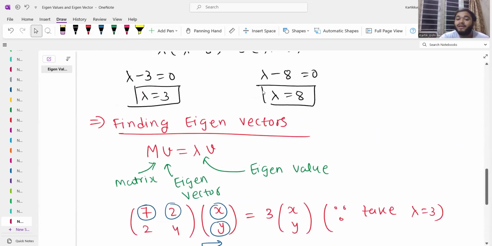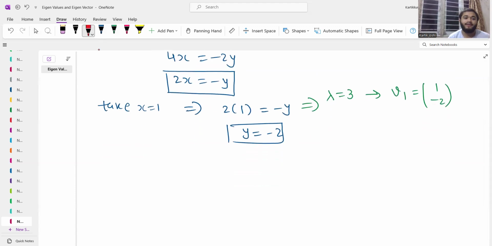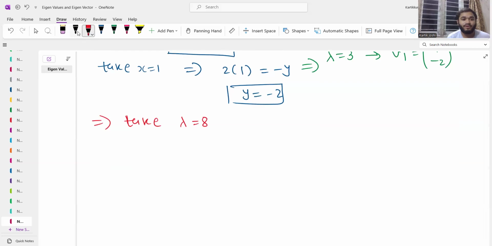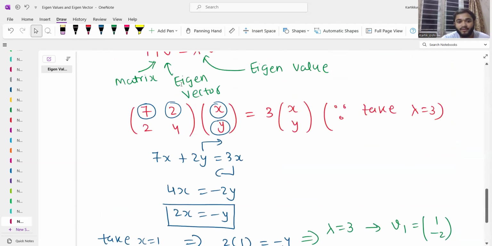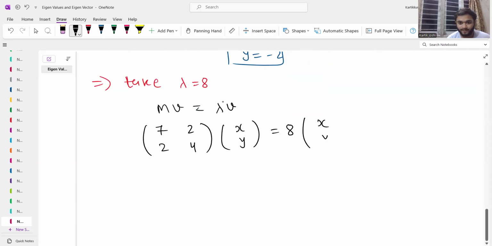Now take lambda is equal to 8 for the second eigenvector. The same formula applies: MV is equal to lambda V. The value of M is 7 2 2 4, V is X comma Y, and lambda is 8.